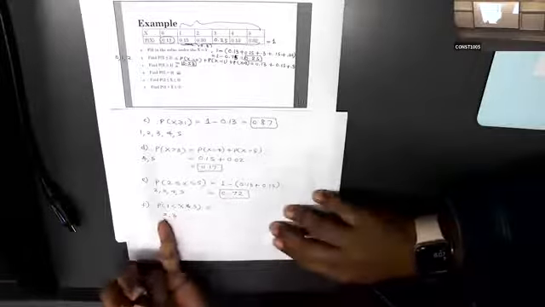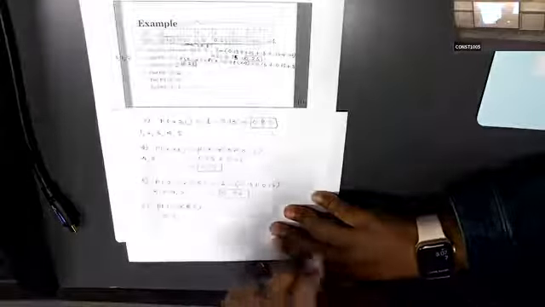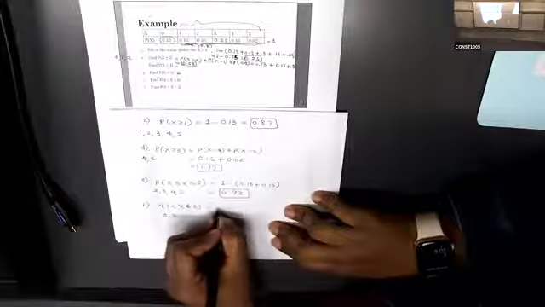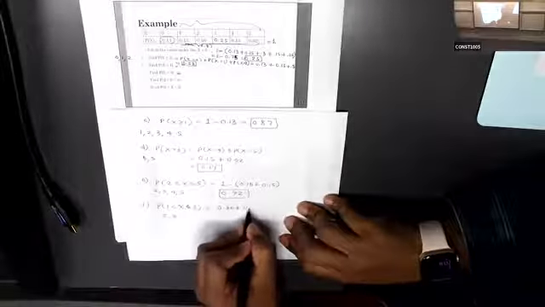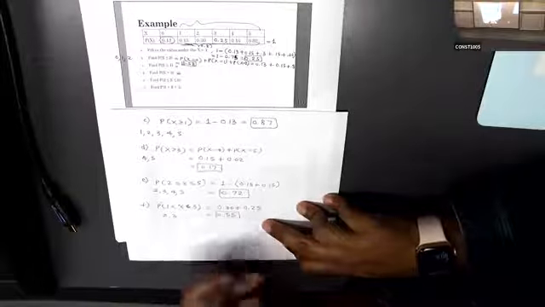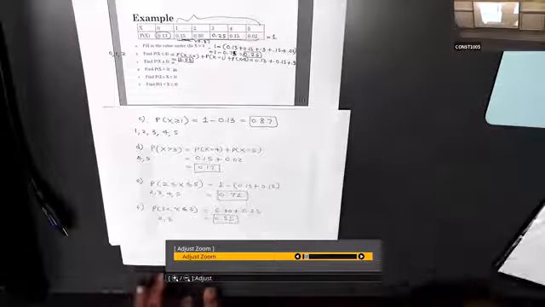The probability of x is equals to 2 is 0.3, plus the next one, the probability is 0.25. So the answer is 0.55. Yes. Got it? Yes.